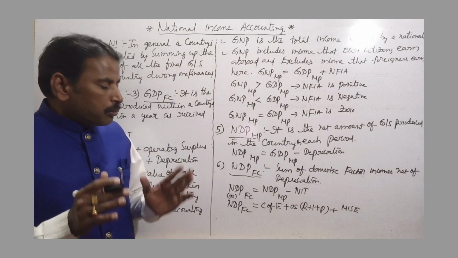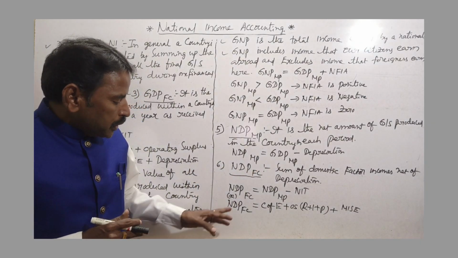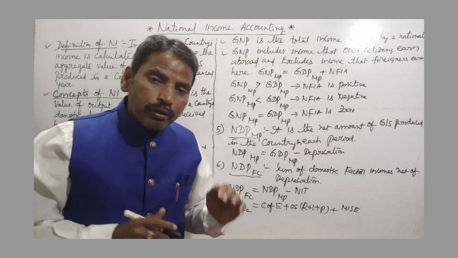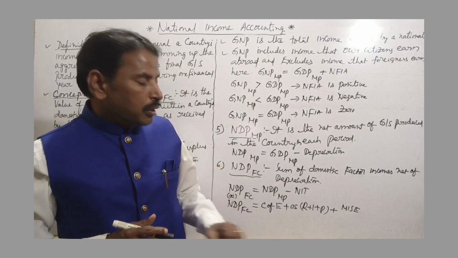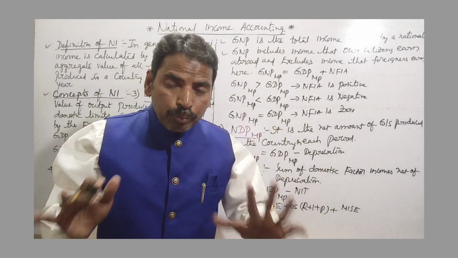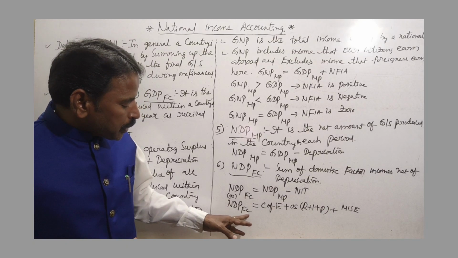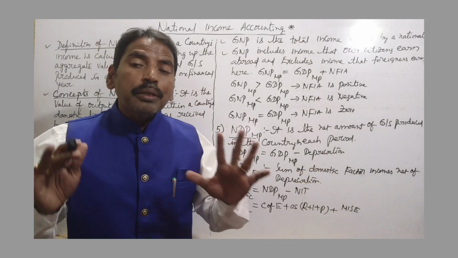There is another formula to calculate NDP factor cost: NDP factor cost is equal to compensation of employees plus operating surplus plus mixed income of the self-employed. Here we are calculating NDP factor cost, so we do not take depreciation into consideration.